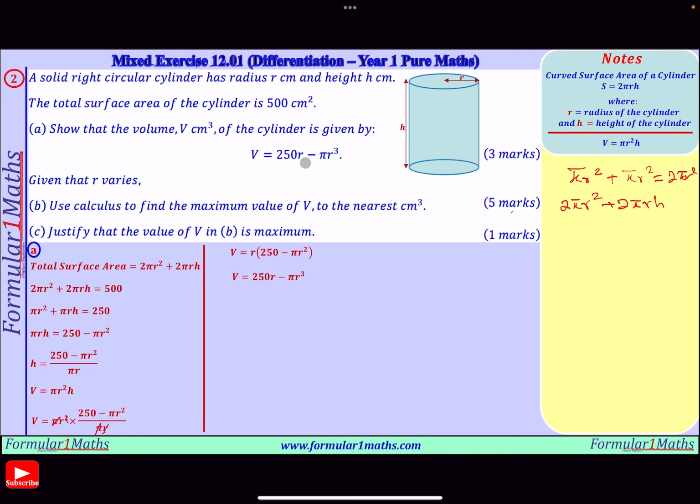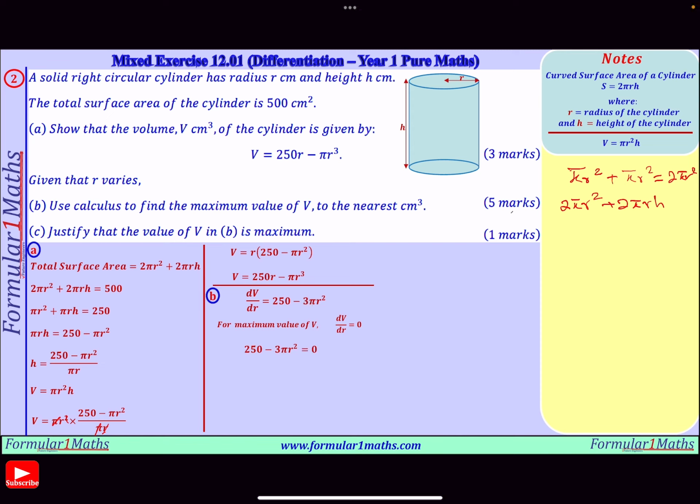And so that's A. For B, we need to differentiate V with respect to r. So we are going to get dV dr is equal to 250 minus 3 pi r squared. But for the maximum value of V, dV dr must be equal to 0. So we can now equate this to 0 to get a value of r that makes V the maximum.